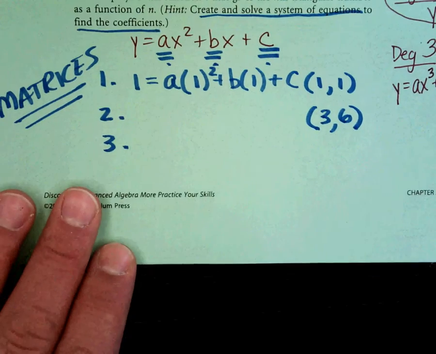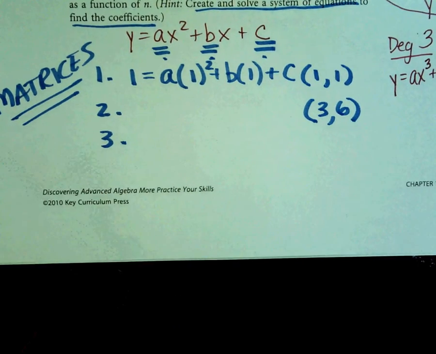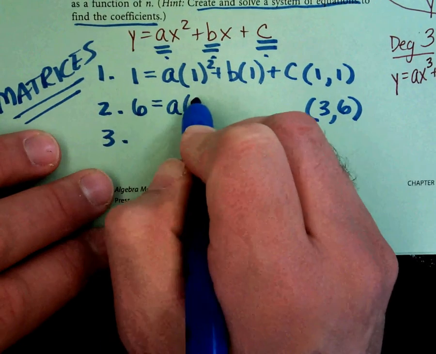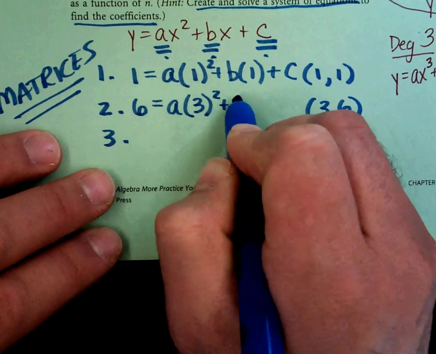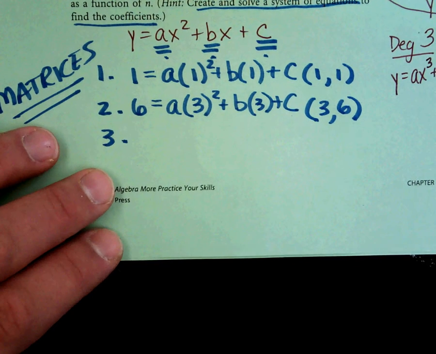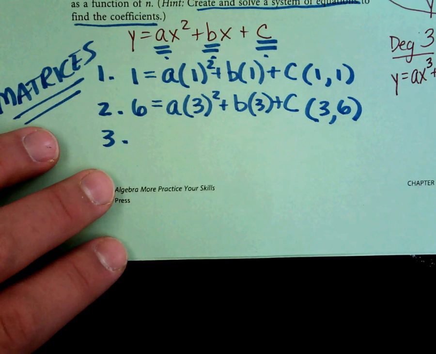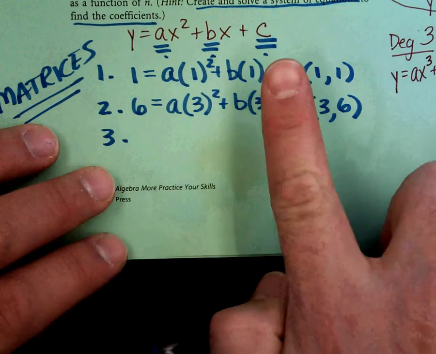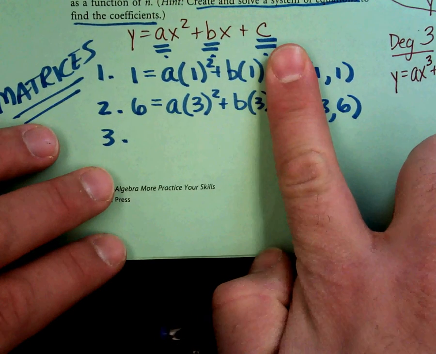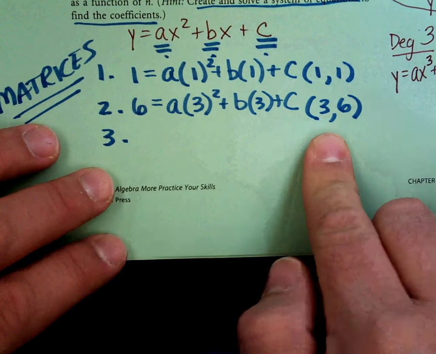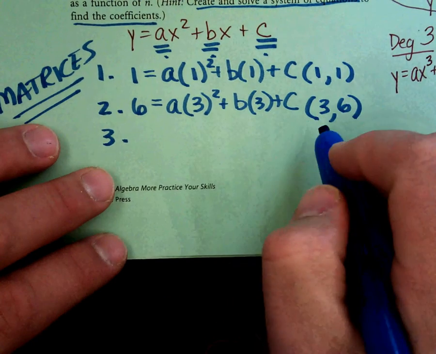With 3, 6, which of those is y? 6. 6 equals A times X squared plus B X plus C. Many students from periods 1 and 2 stopped there because they realized that C has to be 0. So they knew that C was 0, and they just used 2 equations with 2 unknowns. I'm going to go a step further and make a third equation and see if it works by using 5, 15.